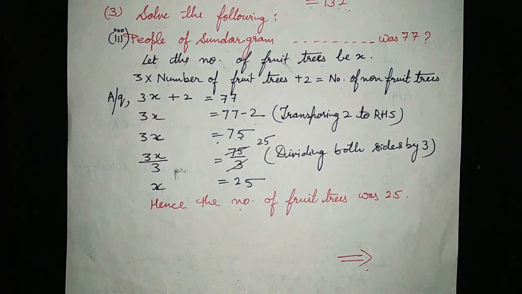Students, it is clear from the question that we will assume here number of fruit trees, because you can see here one sentence, the number of non-fruit trees were 2 more than the 3 times of the number of fruit trees. So according to this sentence of the question, it is clear that we have to assume here number of fruit trees.